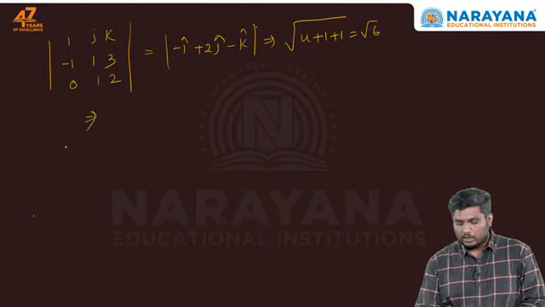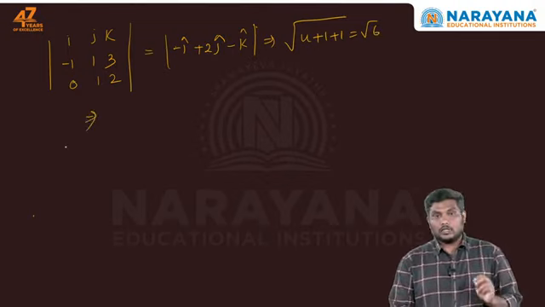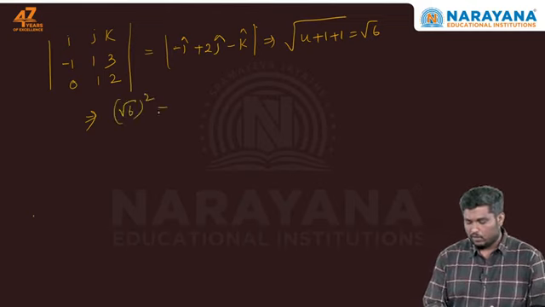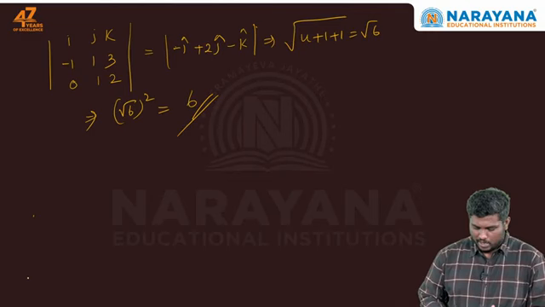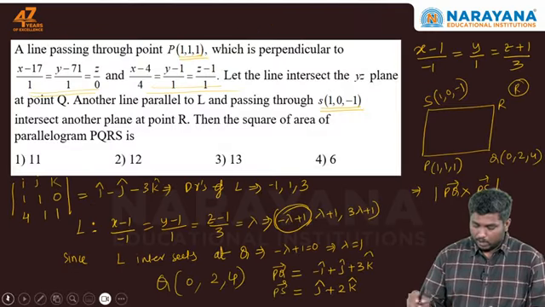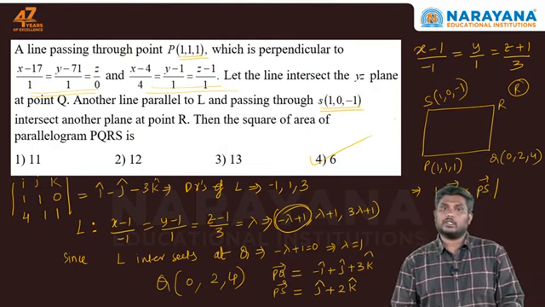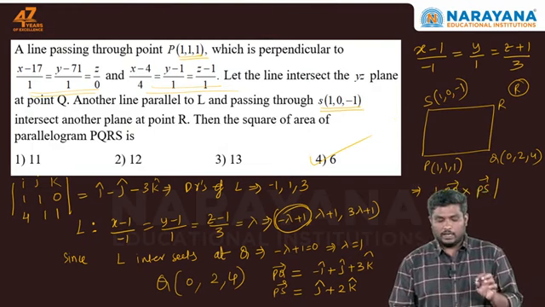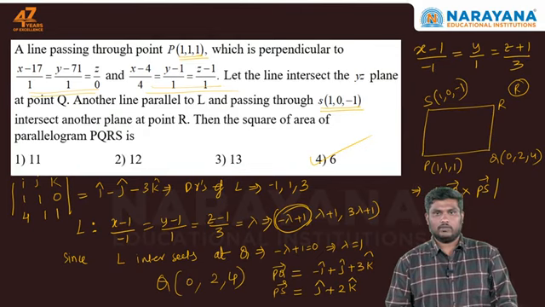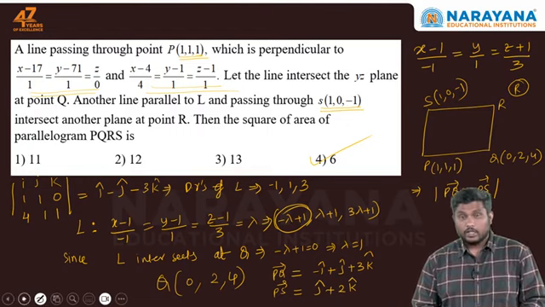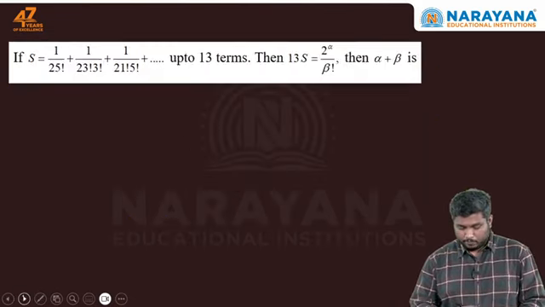He is asking for the square of the area, so root 6 whole square is equal to 6. This will be the area of the parallelogram PQRS, so the answer should be 6. The concept involved here is simply the equation of a line. If you know how to find the equation of a line and a line intersecting a plane, you could easily solve this question. We'll move on to the next question.